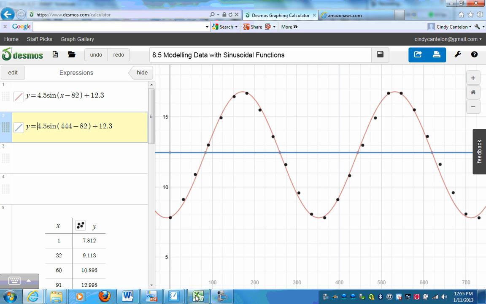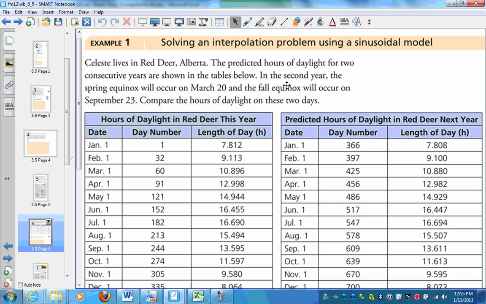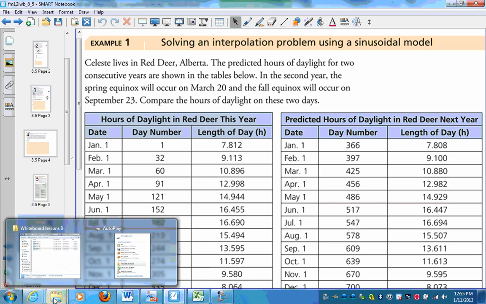The next question it asked me was, well, what about fall equinox on September 23rd? Well, September 1st is day 609. September 23rd is another 22 days later, so day 631 is what I'm looking for.